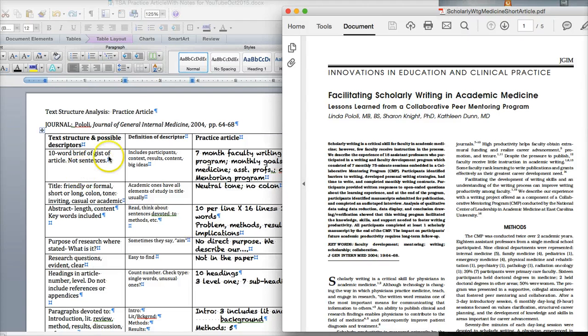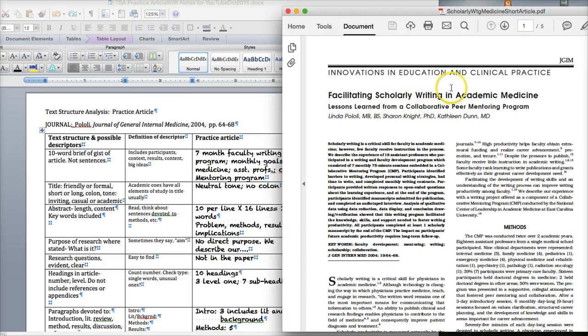So the first section is a 10-word brief gist of the article. And this is not sentences, but it's more like words. It would be the participants, the context, results, the big ideas. It's just a very short summary of what the article is about. You can get that information from the title.